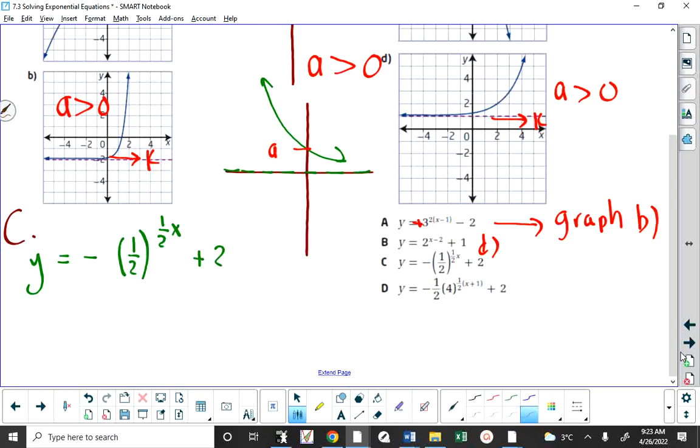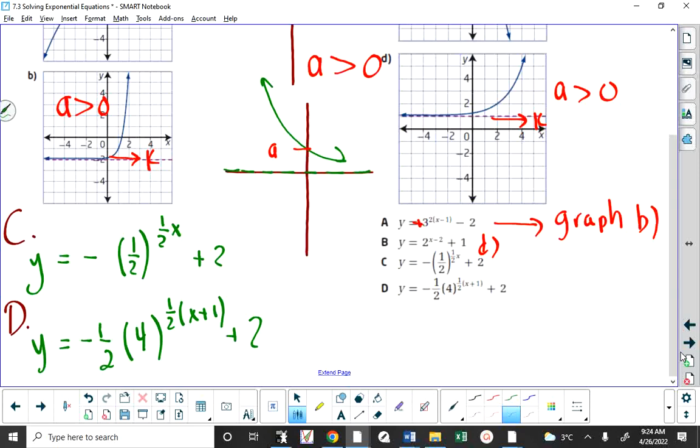And for graph D, you have this. A lot of 2's and 1's.